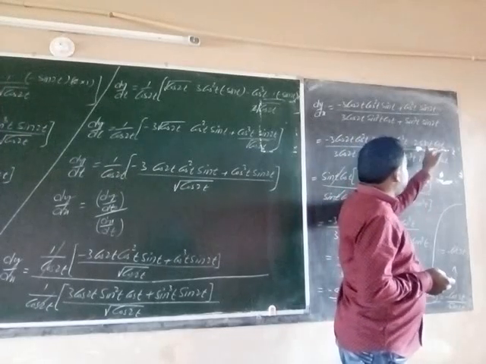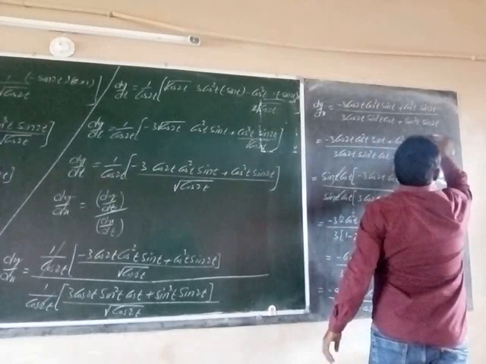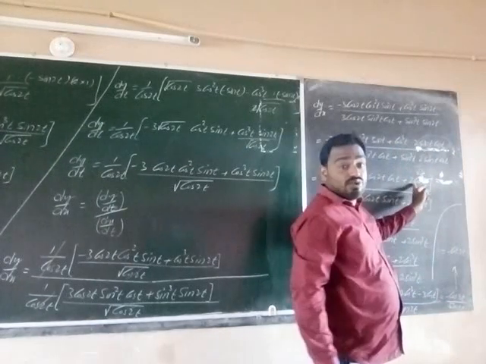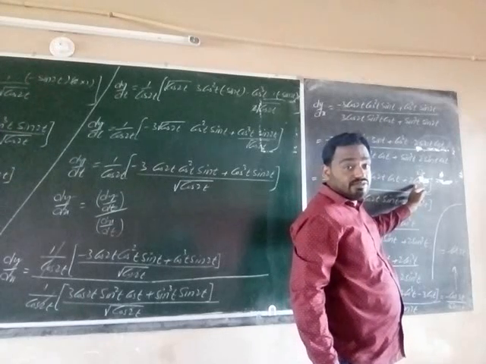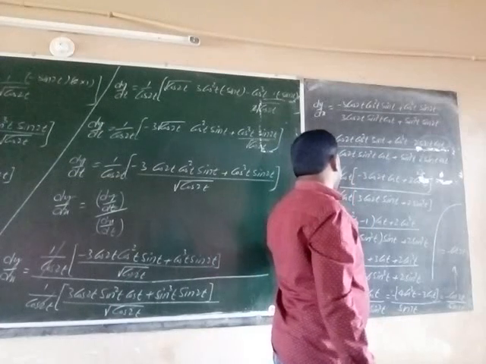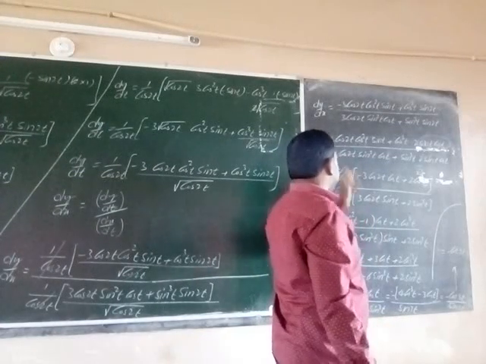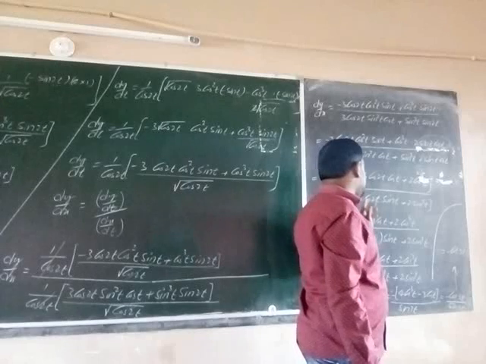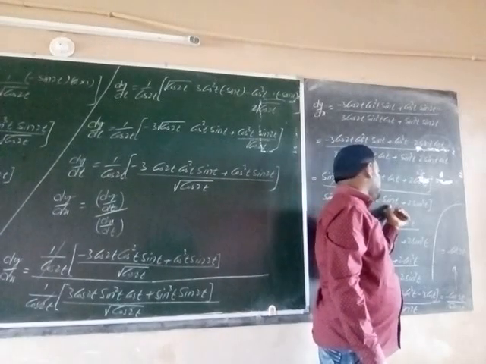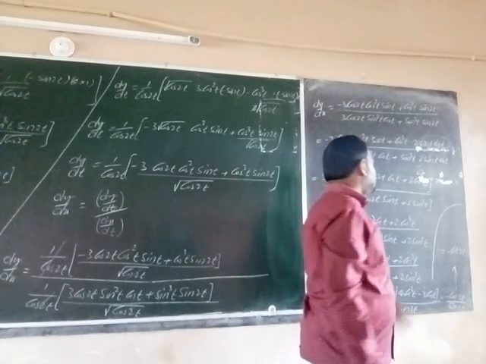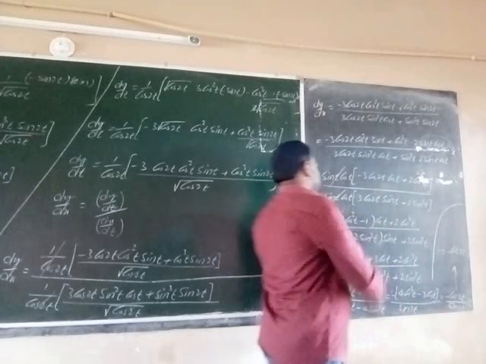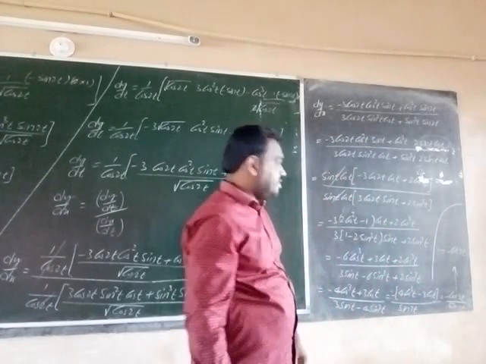Understood? Next, the denominator: after sin t cos t, remaining 3 cos 2t. Here sin square is there, one sin is common, so sin t remains. In the next term 2 sin 2t is there. So sin t cos t get cancelled in numerator and denominator.